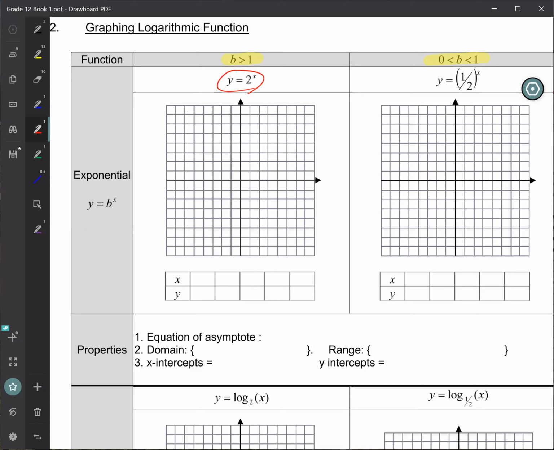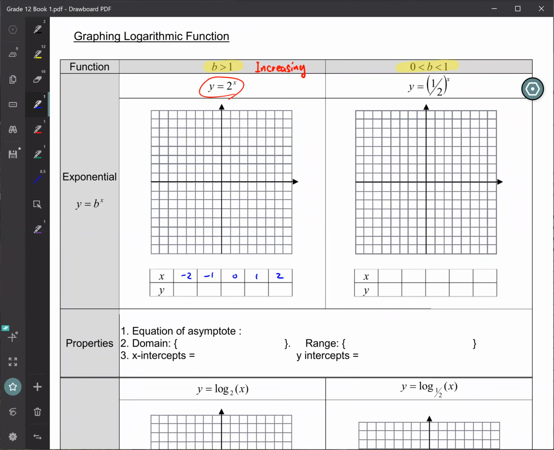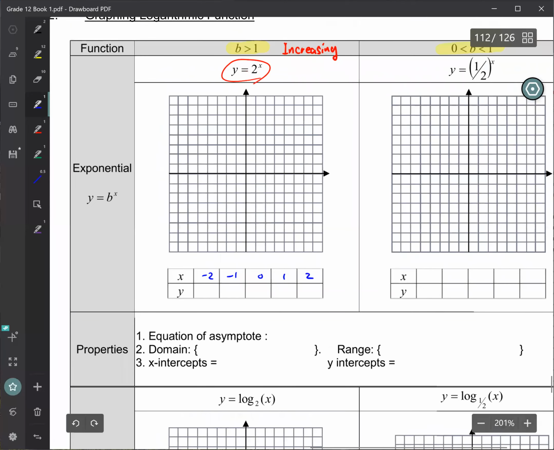Let's write that down: greater than 1 is increasing. And the points that we are going to choose are just like before. We'll do between 0 and 1 later. Let's complete this one first.